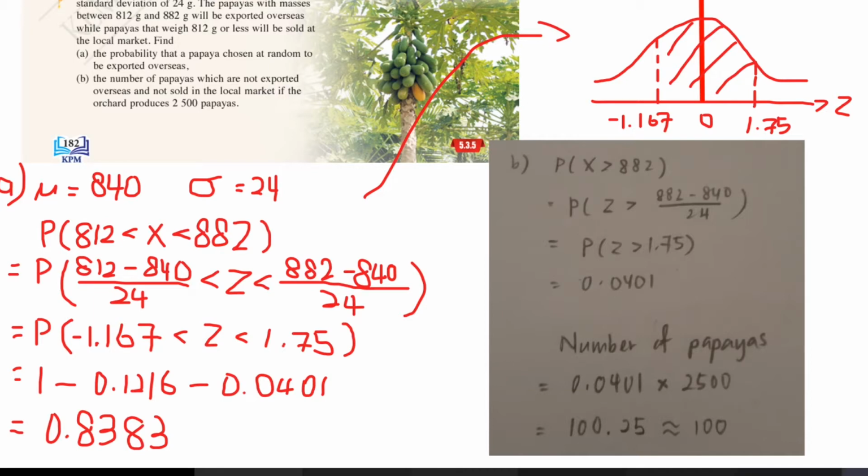The probability of papayas which are not exported overseas and not sold in the local market is 0.0401. So I use the probability times the total number of papayas. So I get the number is 100. So the number of papaya which are not exported overseas and not sold in the local market is 100.